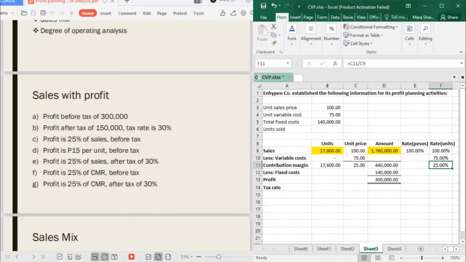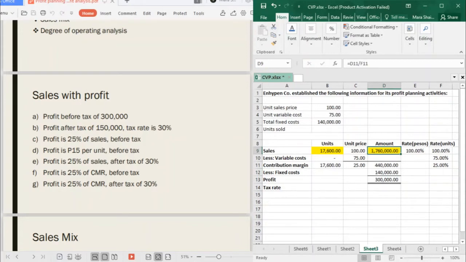And then, you multiply it with the sum of your fixed cost and your profit. Unlike the long way, where you compute the contribution margin, then divide it by your unit price to get the units sold, then multiply it again by your unit price to get the amount. So, that is a longer path before you reach the answer of 1.76. Unlike the other way, direct multiplication, 1.76 directly.